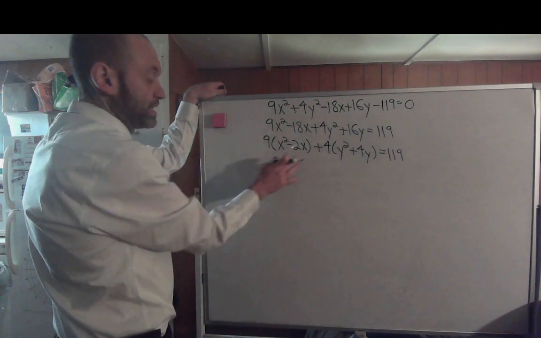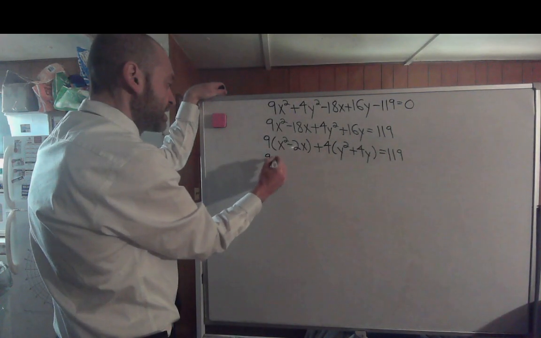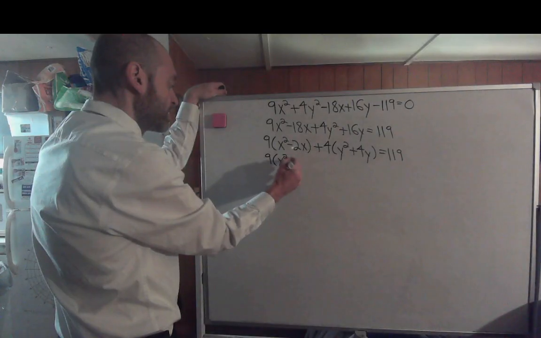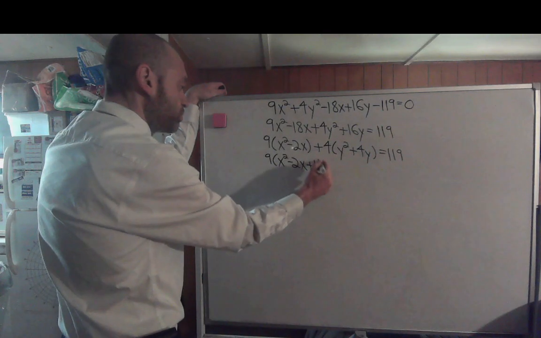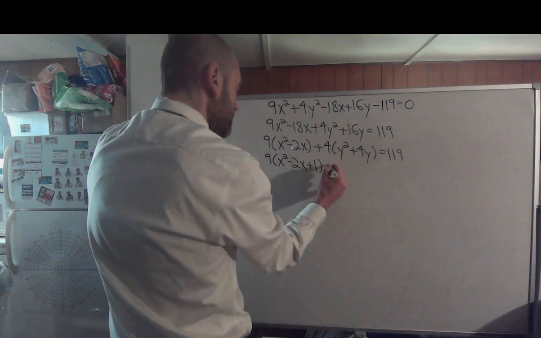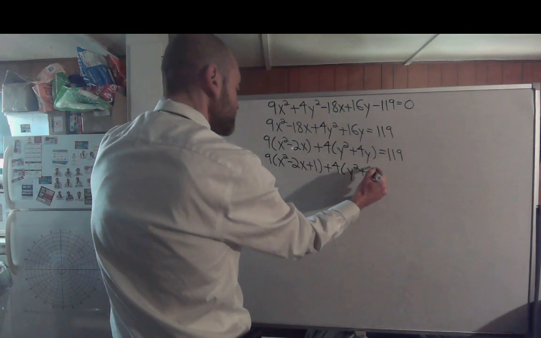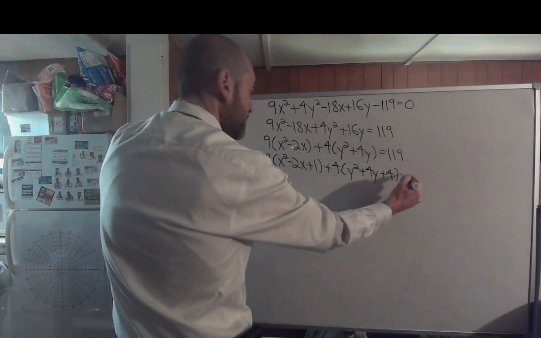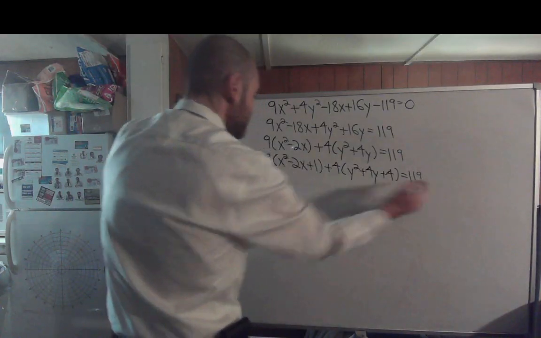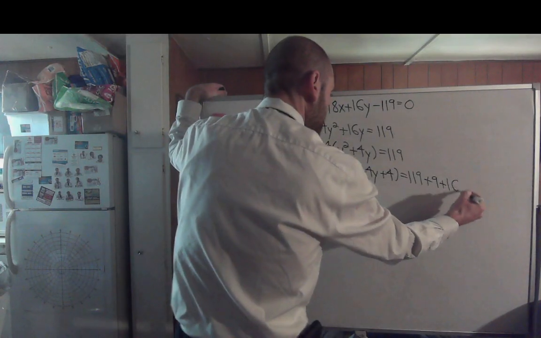Alright, now let's complete the square for each of these quadratic terms. So you would have 9 times x squared minus 2x, that would turn into plus 1. Plus 4 times y squared plus 4y plus 4 is going to equal 119 plus 9 plus 16.